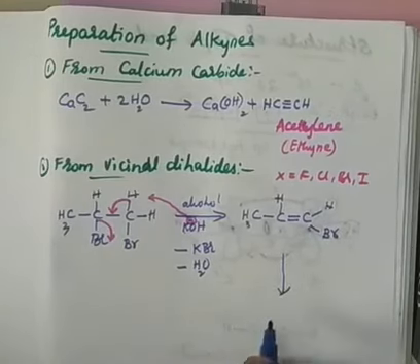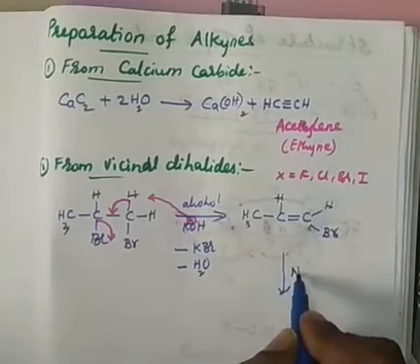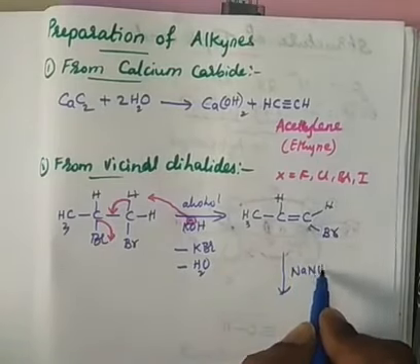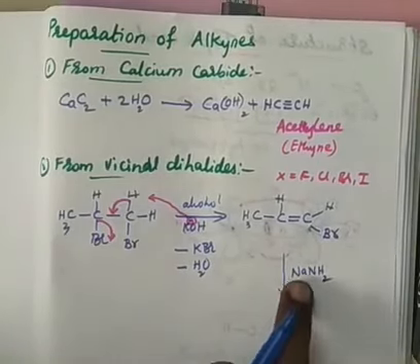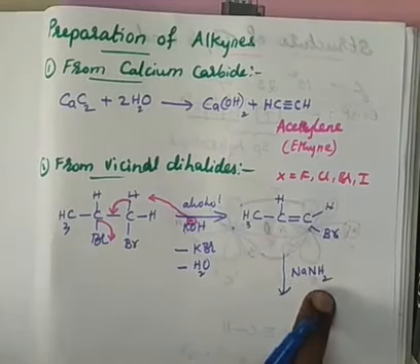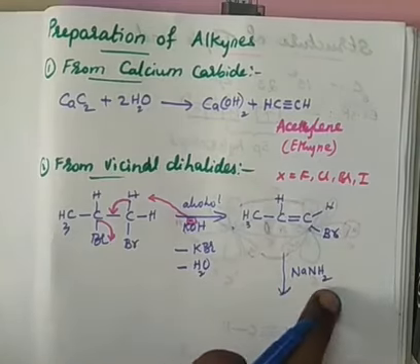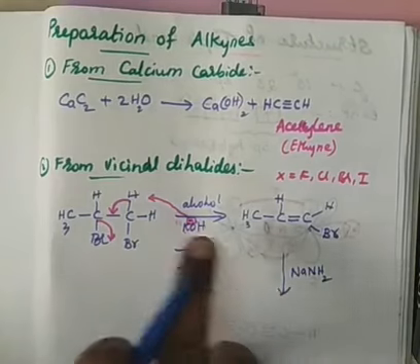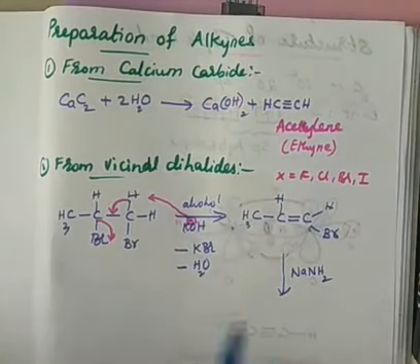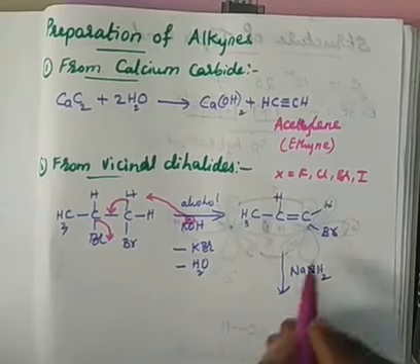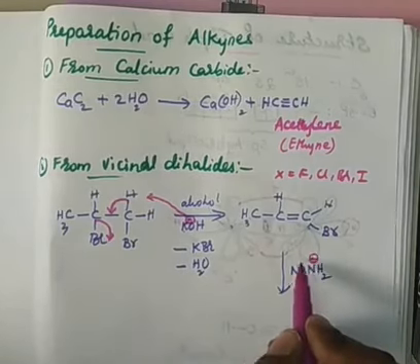So further reaction with a still stronger base like NaNH2, sodamide, right? Sodium amide, NaNH2, sodamide we call. This is a still stronger base than this, because now this has to abstract a proton, NH2 minus and Na plus.